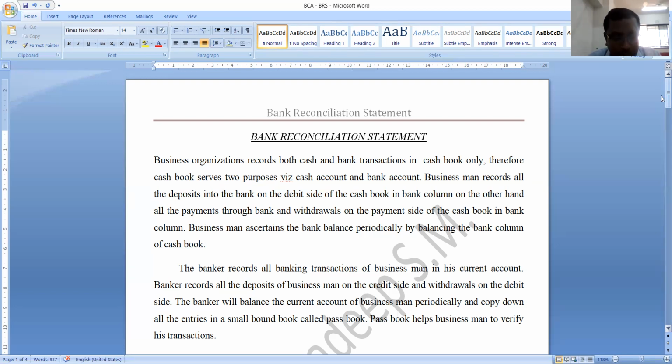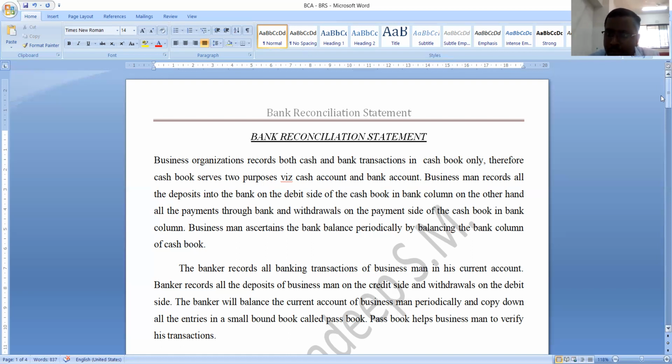At that time, in order to understand the reasons causing differences between the cash book balance and the passbook balance, the businessman needs to prepare a statement. That statement is called the bank reconciliation statement. It is prepared when there is a difference in cash book balance and passbook balance.